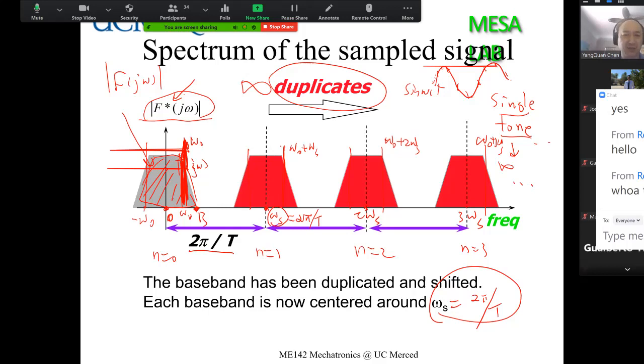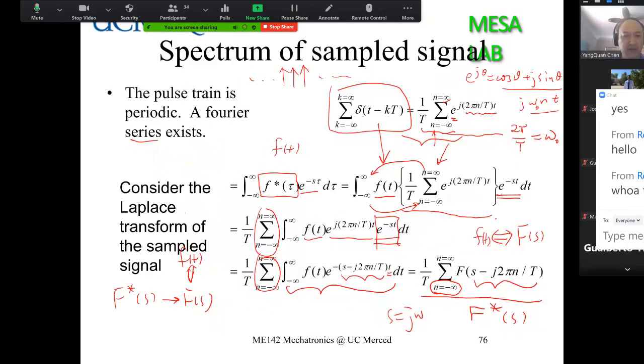I think we stop here, and next time we are going to start with the sampling theorem. We don't want to go so far. I want everybody to have a very solid understanding of the sampling process. And don't worry about this math derivation here.